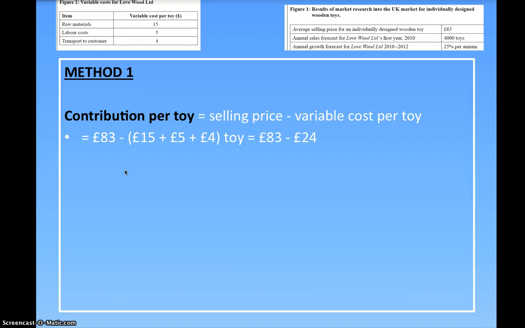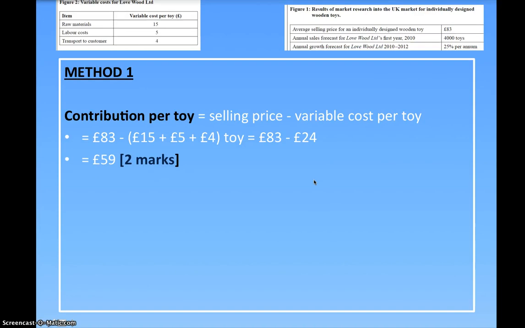Make sure to write all of this down just in case you make one little error. And we can see all that information up here again. There's your 15 plus the 5 plus the 4 from figure 2, and there's your £83, the price from figure 1. Then we need to multiply it by the 4,000 toys.